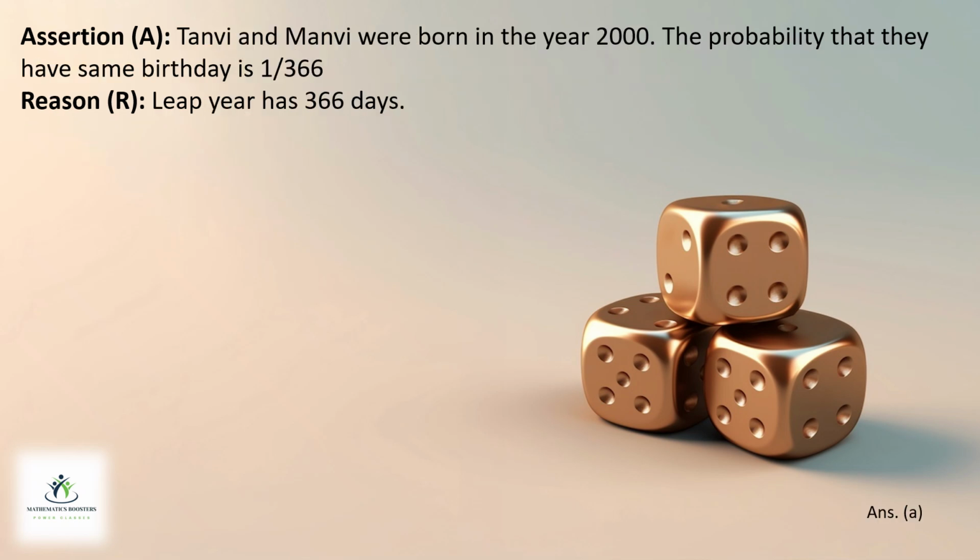Next, were born in the year. We have already explained the leap year concept, so there will be only one extra day. Tanvi and Manvi were born in the year 2000 and 2000 is divisible by 4. So it is a leap year.